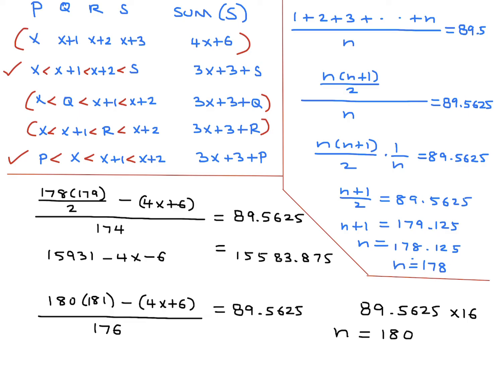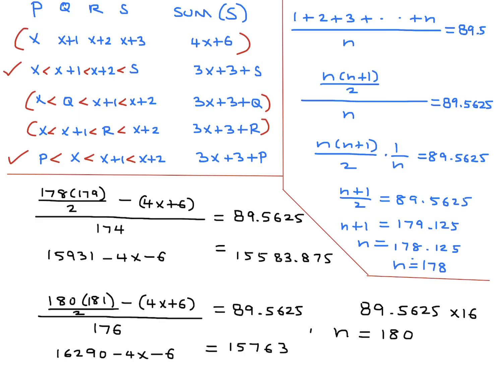89.5625. Now when I do the cross multiplication, it's great because it becomes an integer. 176 times 89.5625 as planned is an integer. It's 15763. And it gives me an integer on that side. On this side, we will have, forgot the 2 there, 16290 minus 4x minus 6.